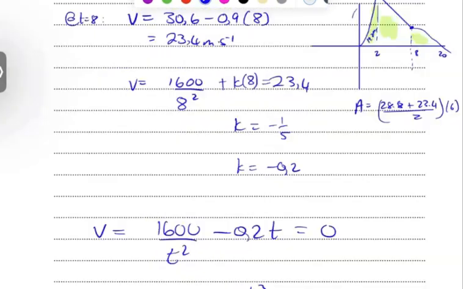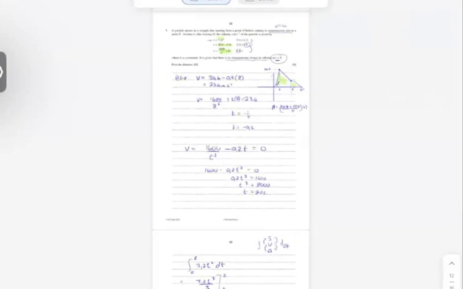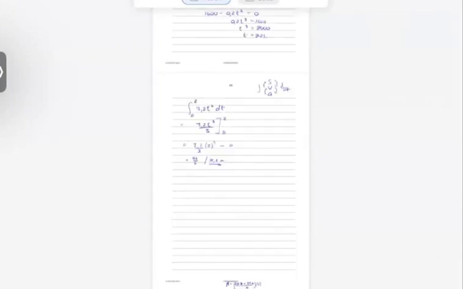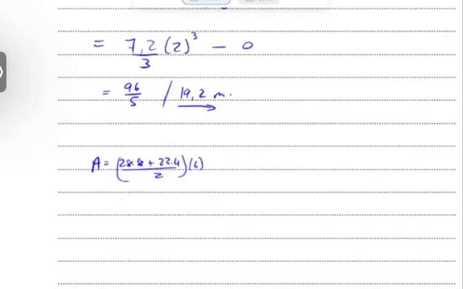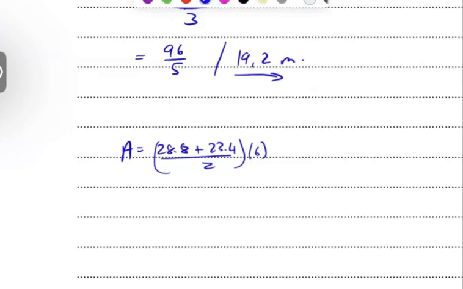I personally think working out the area of the trapezium is easier, although you can definitely integrate the line between 2 and 8. And here we get 783 over 5, or 156.6 meters.